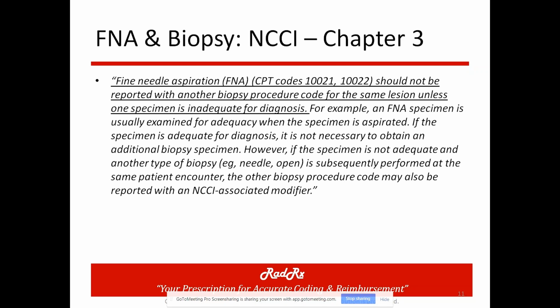If they determine that it's inadequate for diagnosis and then they decide based on that to do a core biopsy, then you have the ability to report the FNA in addition to the core biopsy. However, if the specimen was adequate or if they don't mention that it was inadequate, necessitating a core biopsy, then you would only report the core biopsy and you would not report the fine needle aspiration.